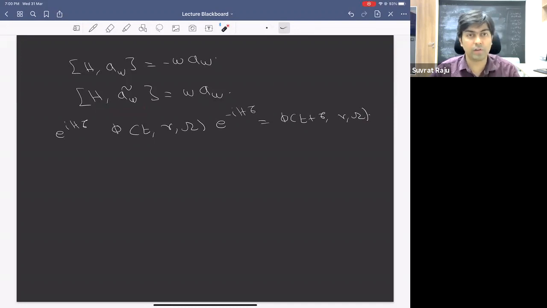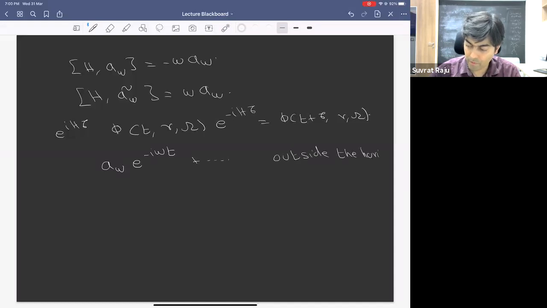And these commutators only arise because if you go back and look at the field expansion that we wrote down at some point across the horizon, you will find that the field expansion had the form a omega times e to the minus i omega t, plus dot dot dot, outside the horizon. Inside the horizon, it has the form a omega tilde times e to the plus i omega t, and there were other terms.